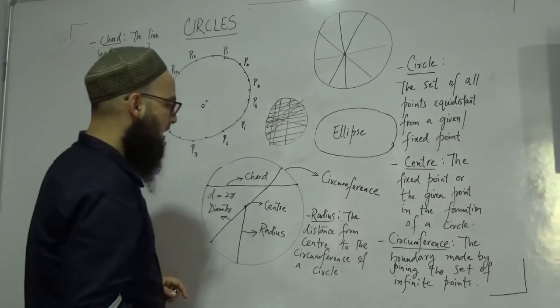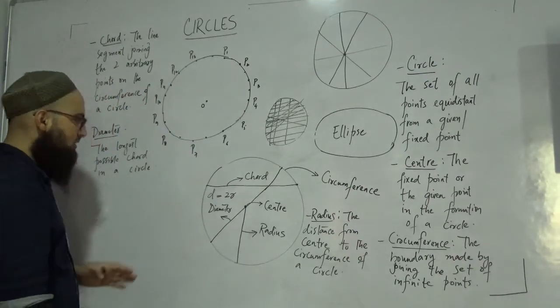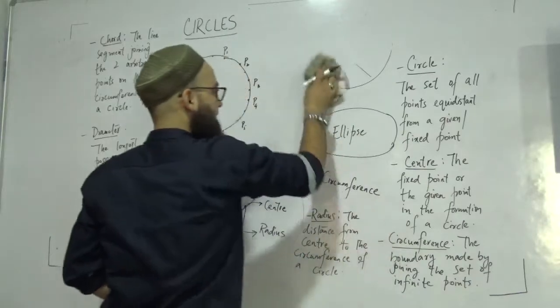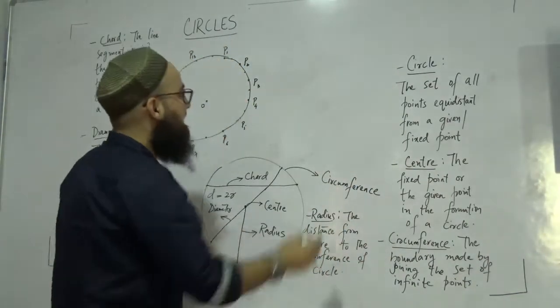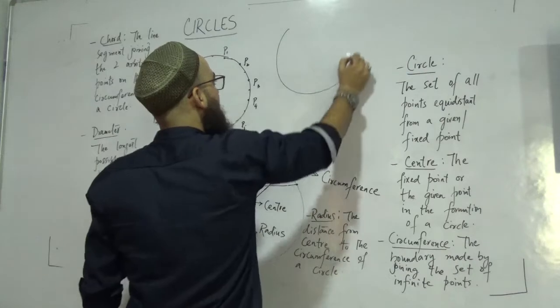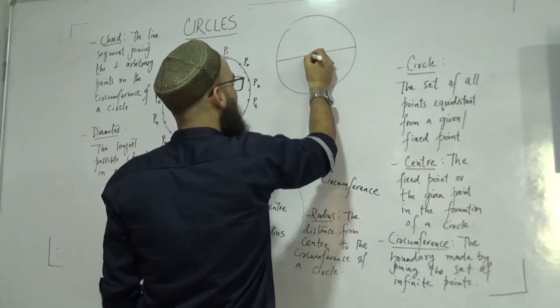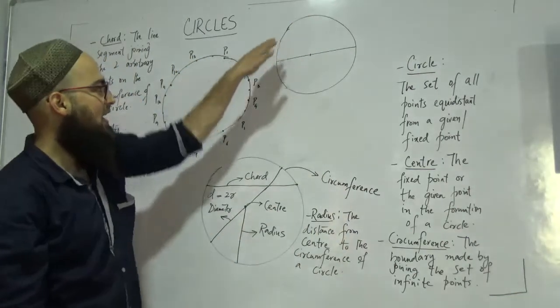Got it? Then one more thing is, this diameter divides the circle into 2 symmetrical parts.